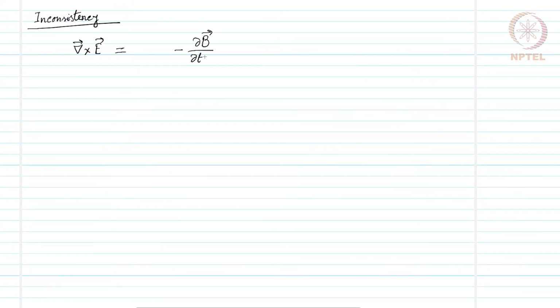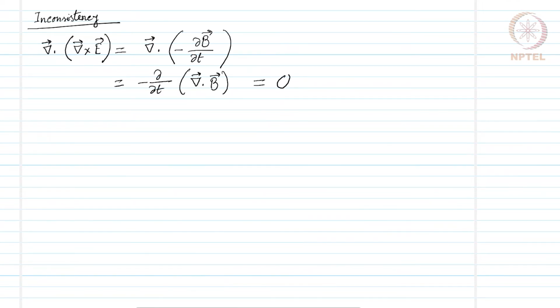Now, if we take the divergence of this quantity, then it is the divergence of minus del B del t, and since the divergence and the time derivative commute, we can take the time derivative out. So, it becomes the negative time derivative of the divergence of the magnetic field, and the divergence of the magnetic field is 0. So, this quantity has to be 0.